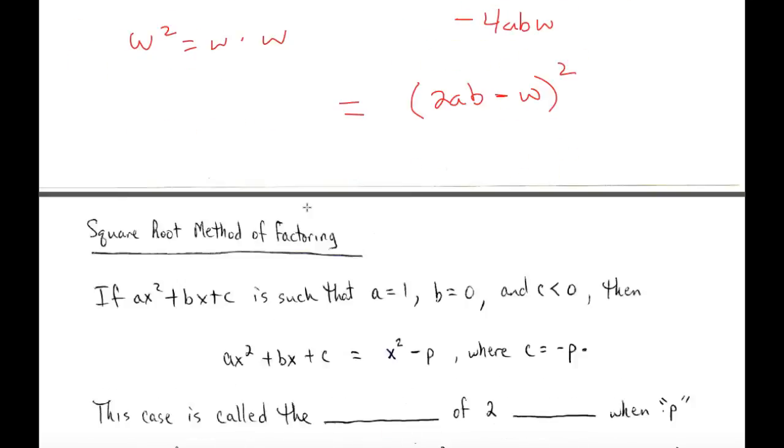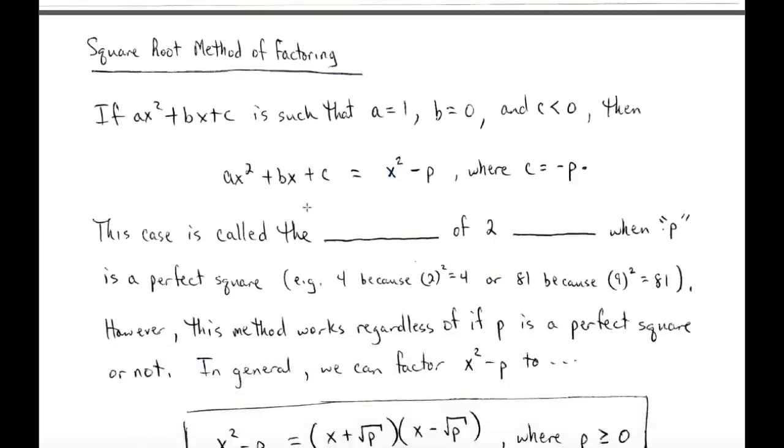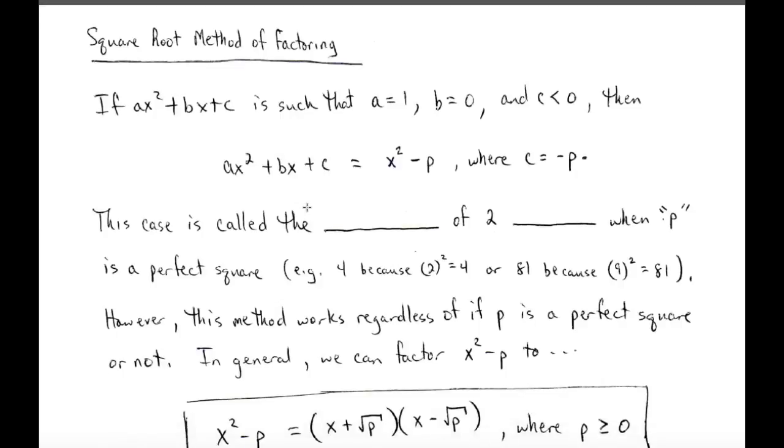All right, so moving on. We have some special methods of factoring here. We're going to talk about the square root method first. The square root method basically says that if we do not have a middle term, in other words the middle term was gone and our leading coefficient was a 1, then we have a situation where we have x squared plus c.